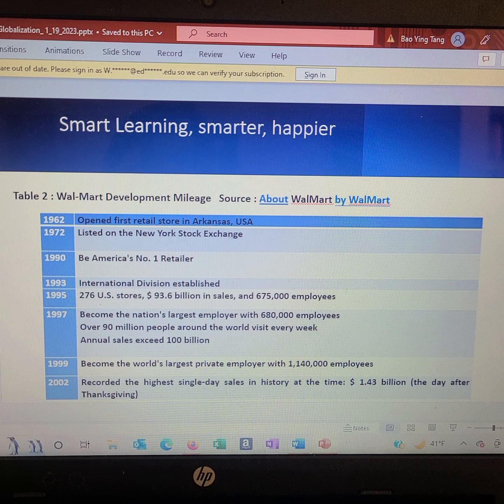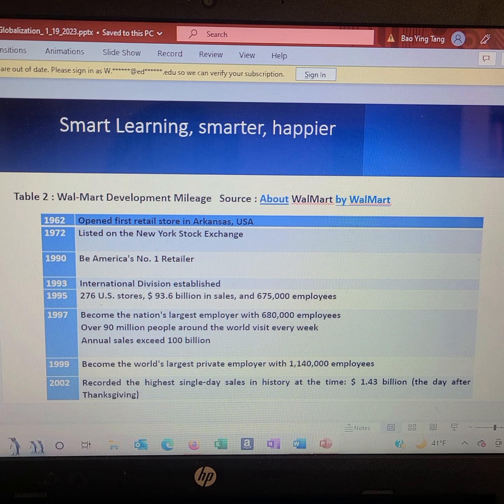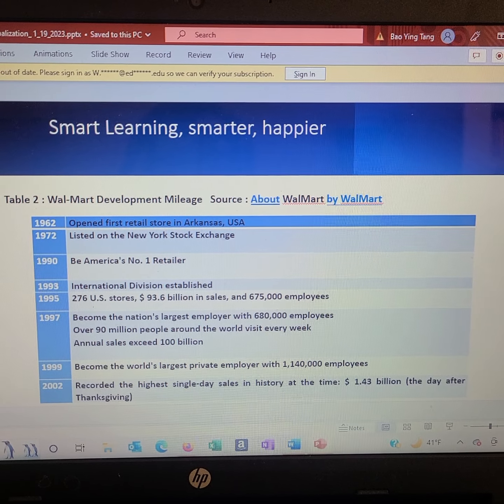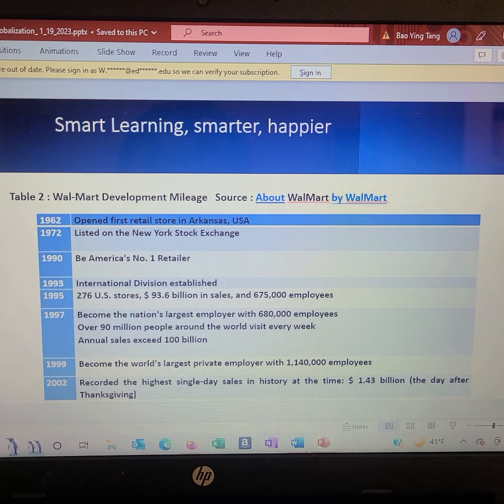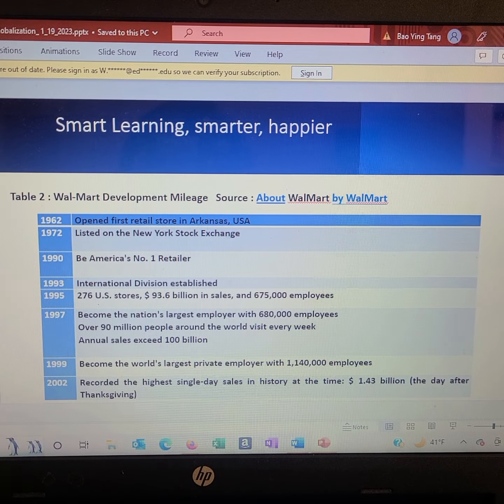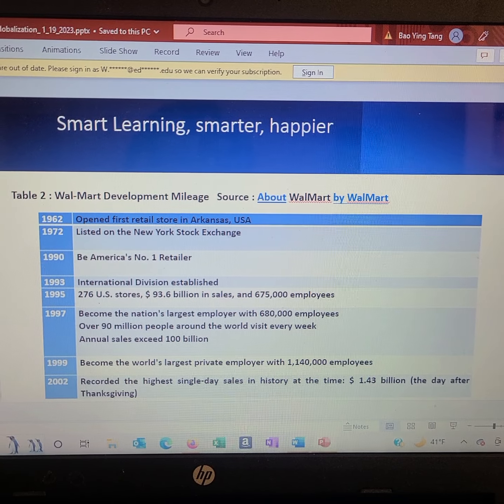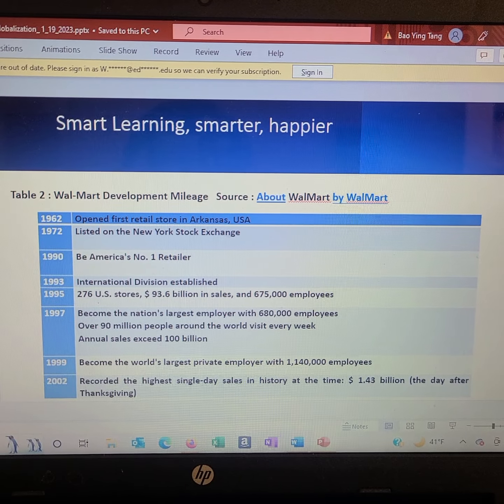In 1995, it has 276 US stores and has 93.6 billion in sales and 675,000 employees.